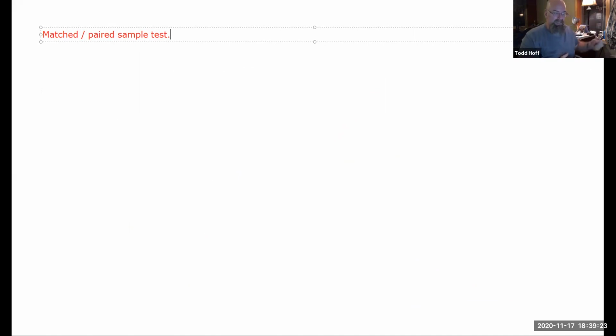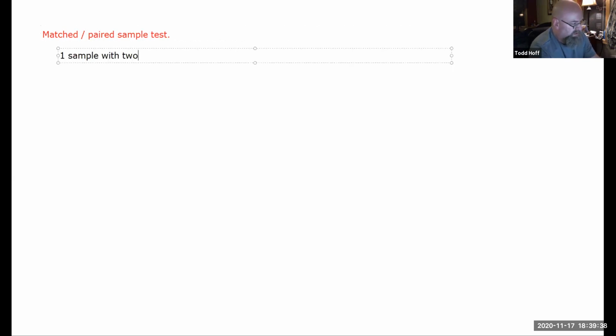And so we test the differences. The set of differences is what we test. Now there's two different ways this can be done. Either we can use one sample with two different treatments.